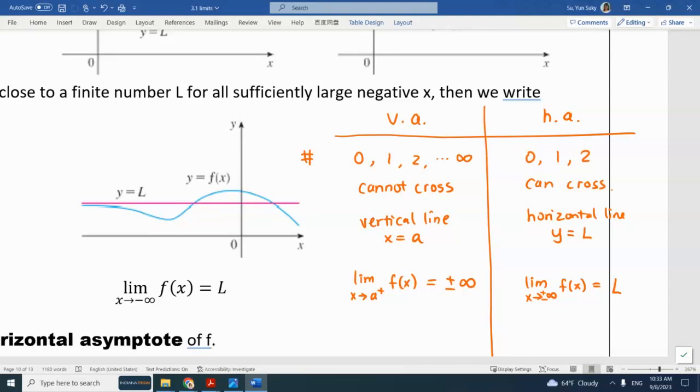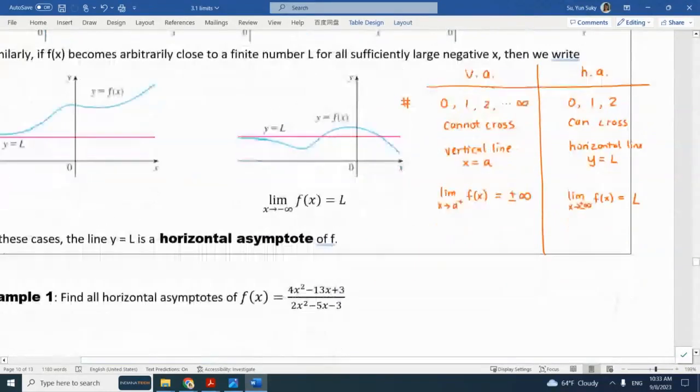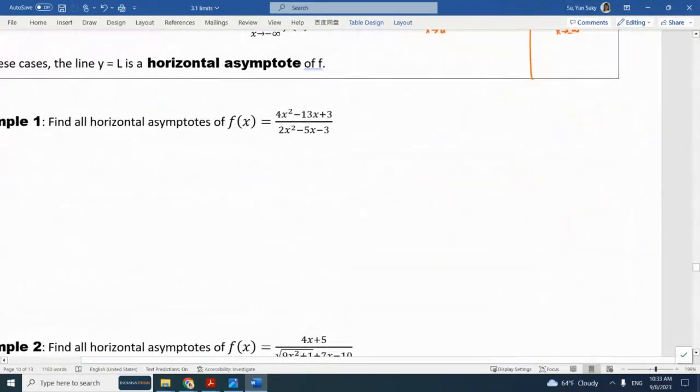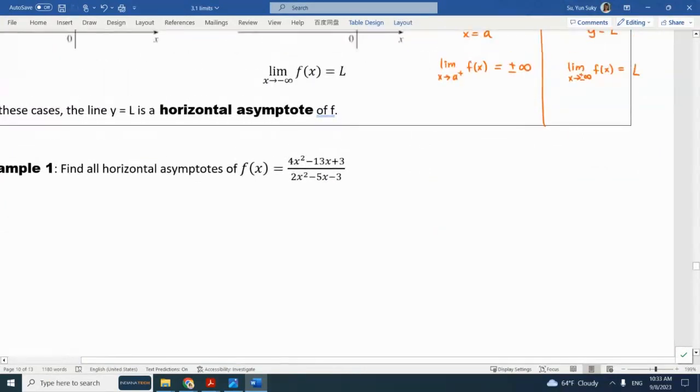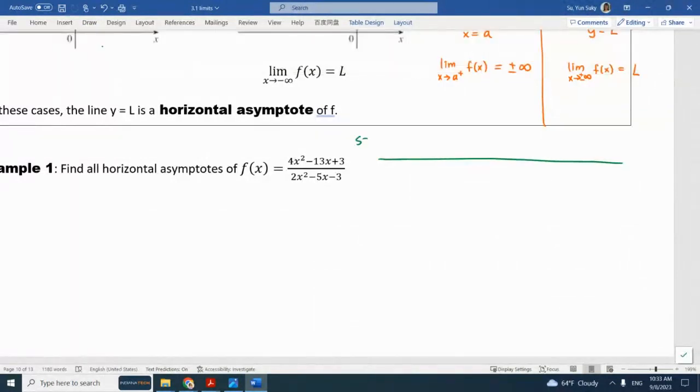All right. So how do we find horizontal asymptotes? Here, I also want to make a comparison with you about the steps, because in the exams, you will have a problem where you need to find both. You need to find vertical asymptotes and you need to find horizontal asymptotes.